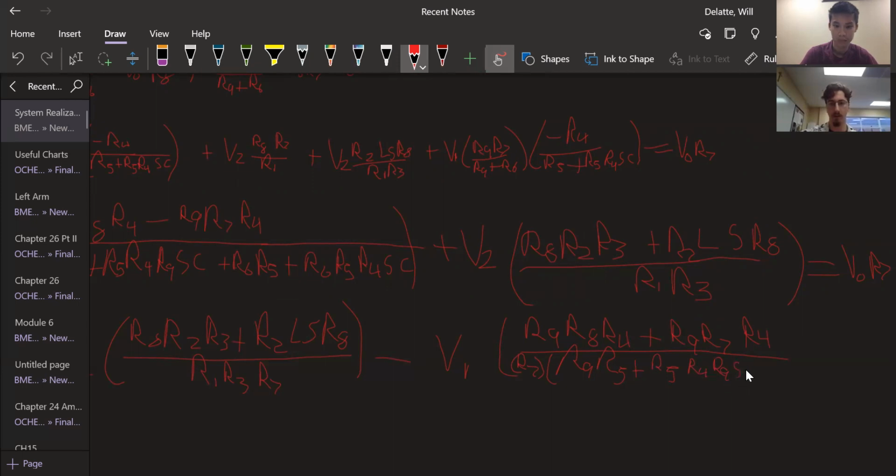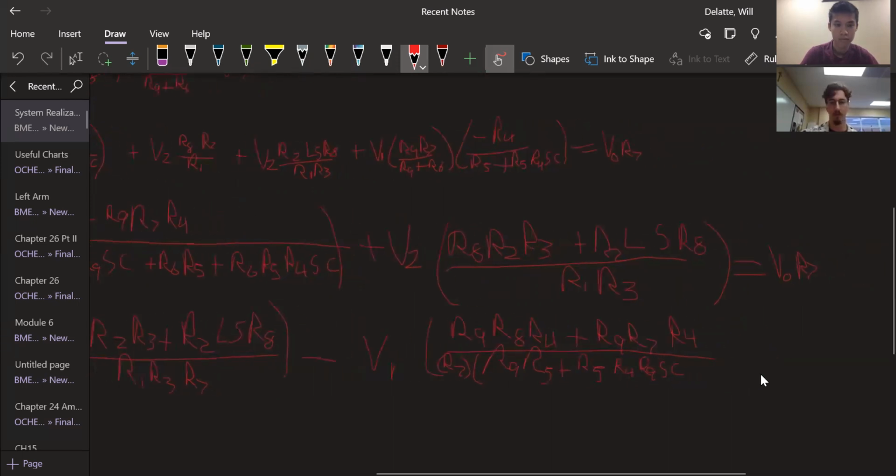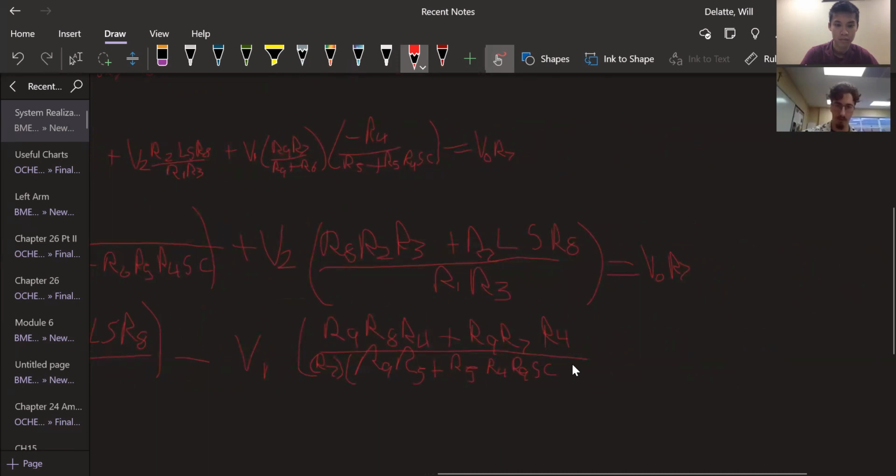R9, SC, scoot over a little bit, and then plus R6, R5, plus R6, R5, R4, SC. Extend this over a little bit, give us a closed parentheses, and then a closed parentheses.